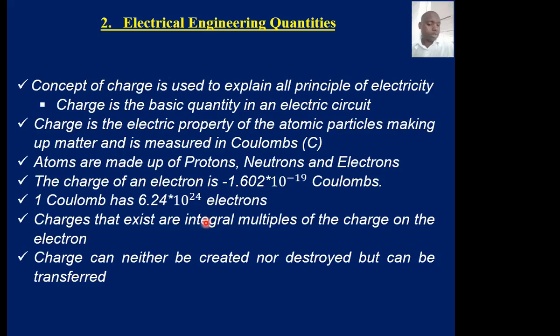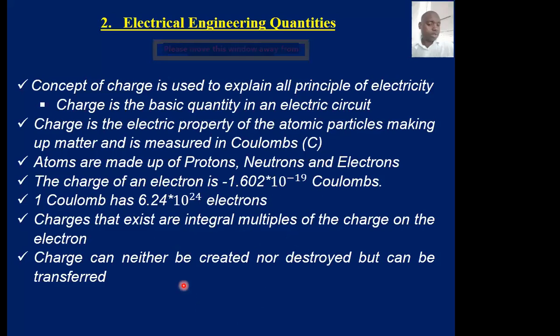So we know from our basic knowledge that an atom is made up of protons, neutrons, and electrons. And in this case, we know that the charge of an electron, which is the basic unit of charge, becomes about minus 1.602 times 10 to the power minus 19 coulombs. And a coulomb is 6.24 times 10 to the power 18 electrons. So you can see that 1 coulomb is basically a very big unit of charge.